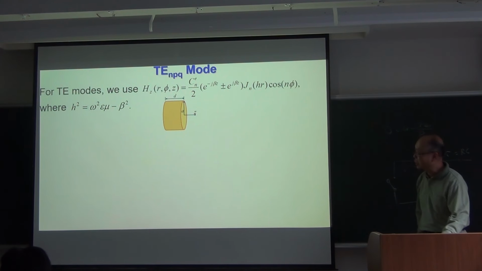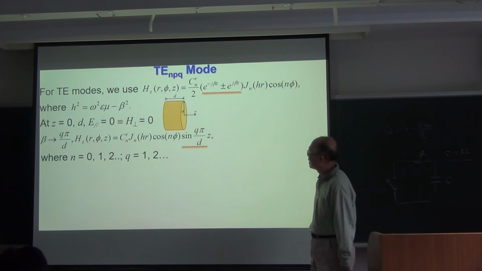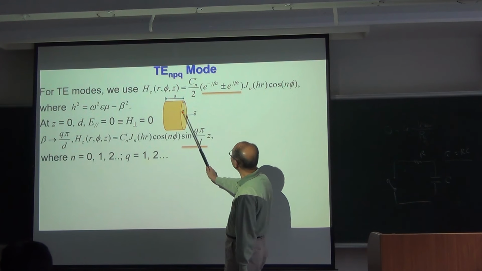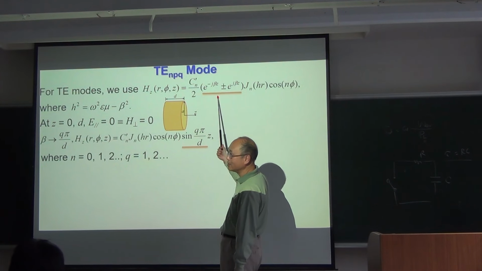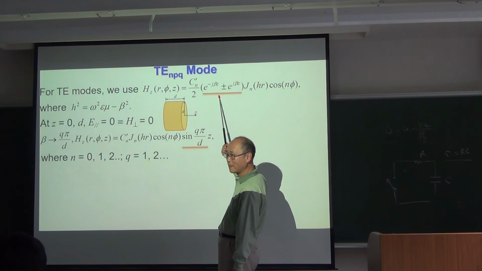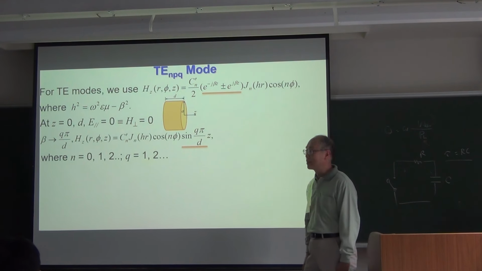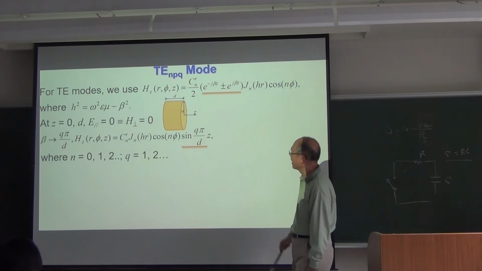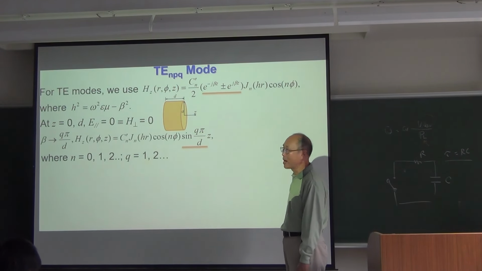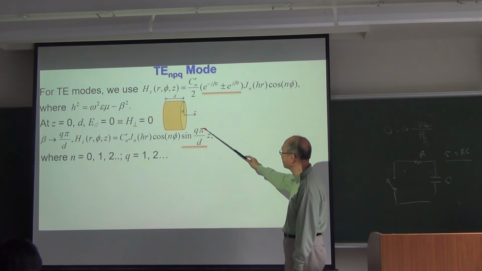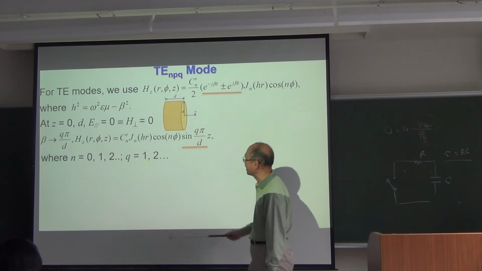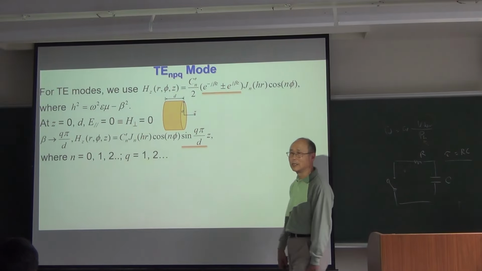So you'll be expecting that, hey, I just write down beta here to be sine dependence, this is the normal component of the magnetic field. Okay, sine dependence, and then at the boundary, the value has to go to 0. So beta value now is replaced by q pi over d.